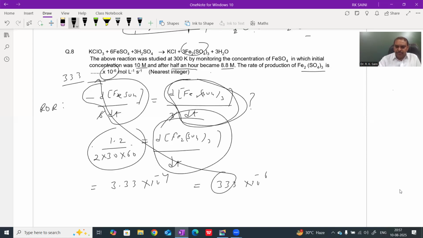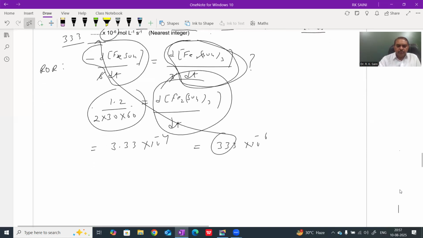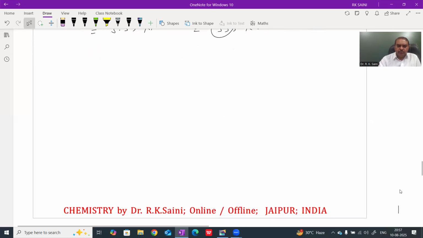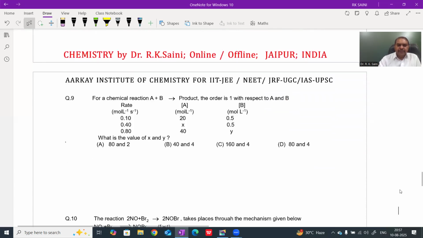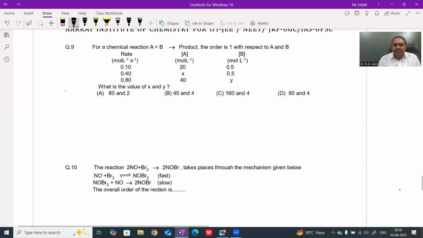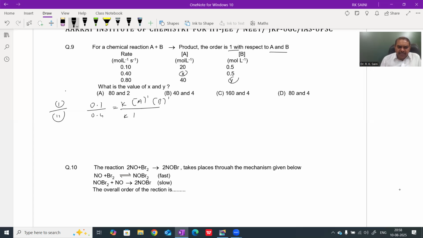Next, question 9. A chemical reaction A to B gives product, order 1 with respect to A and B. Find X and Y. We know the equation, from experiment 1 divided by 2: rate 0.1 divided by 0.4 equals K, concentration of A power 1 and B power 1, divided by K, concentration of A power 1 upon B power 1.